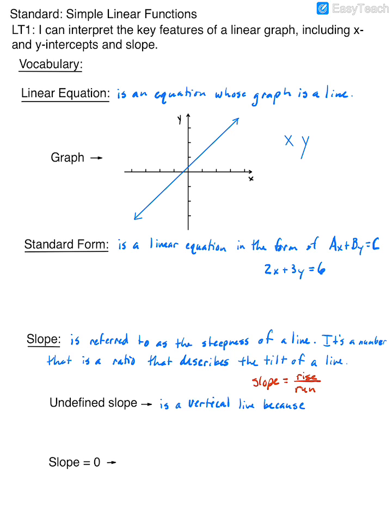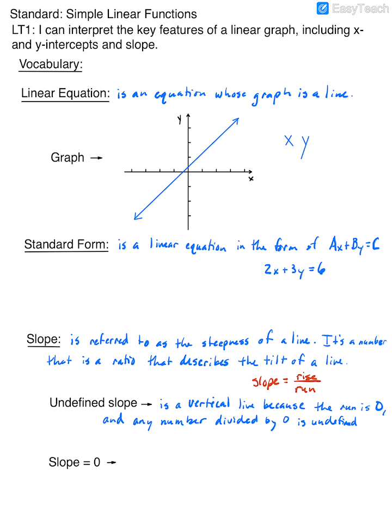Because that means the run is 0. So that's the bottom number. And any number divided by 0 is undefined. Okay?